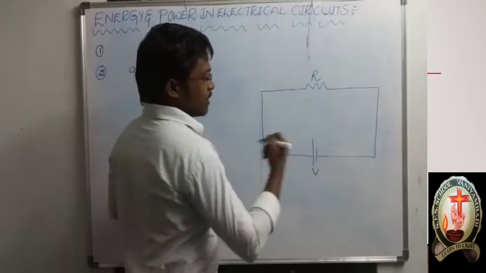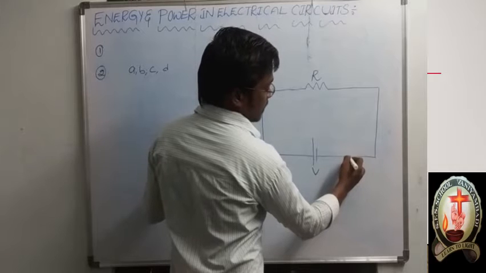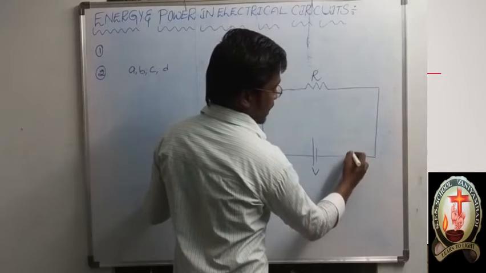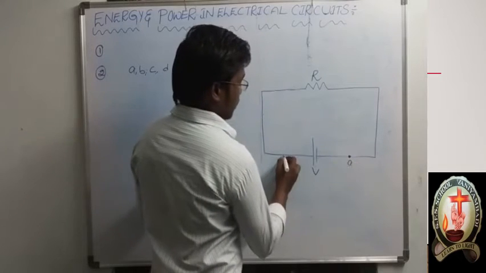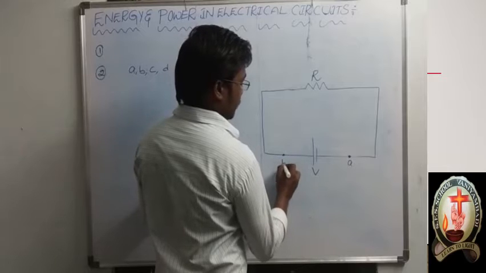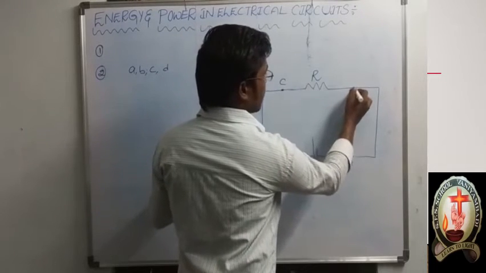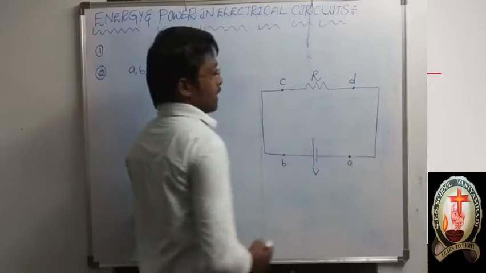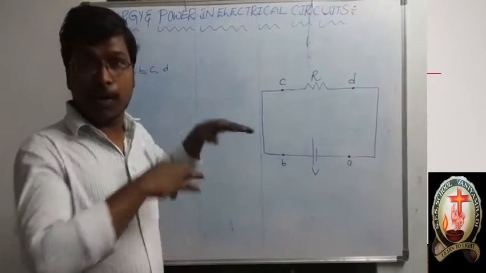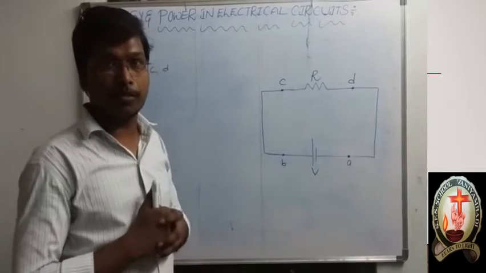Now I am placing them. Here this is point A, this is point B, here point C and point D. I considered 4 points and placed those 4 points on the electrical circuit.